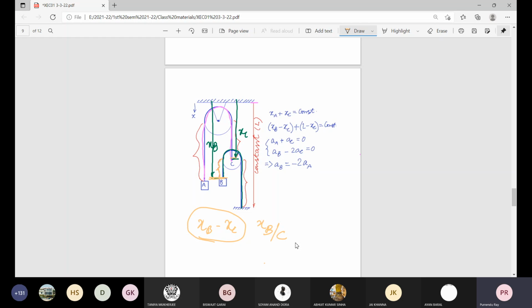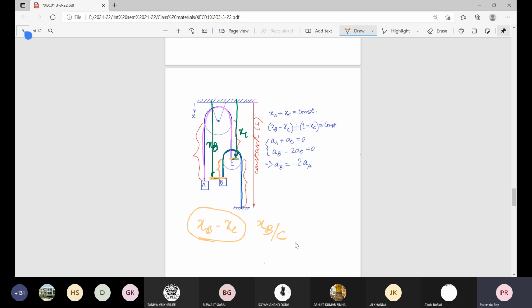Is it not? In that case, we are holding the pulley C in a fixed position where A is not moving in that way. That means you are applying some opposite acceleration of equal value. So you think of it in some simple manner. The total length of this second rope is fixed.